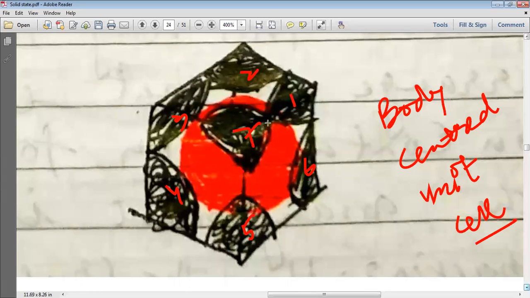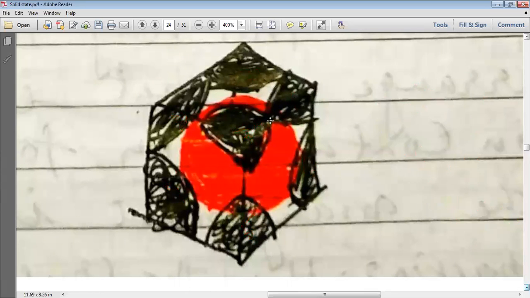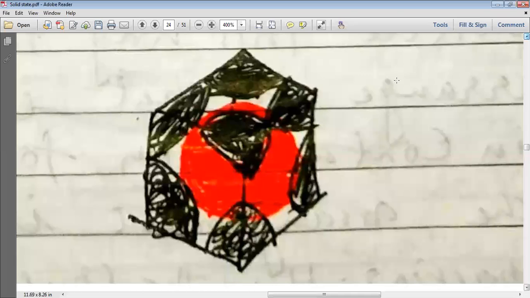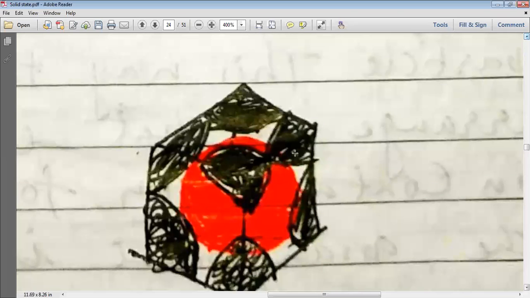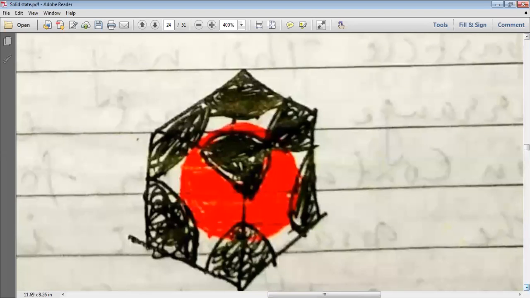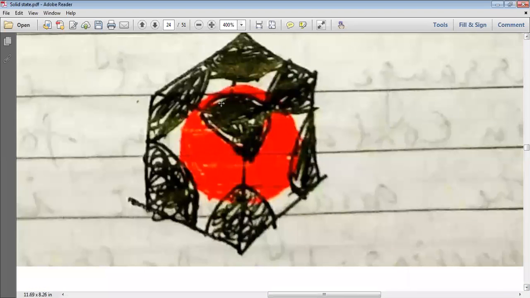So there are eight corners, and at each corner you have a particle available, and on the basis of that, my dear students, we understand the structure of the unit cell. So this is how we study the body centered unit cell.